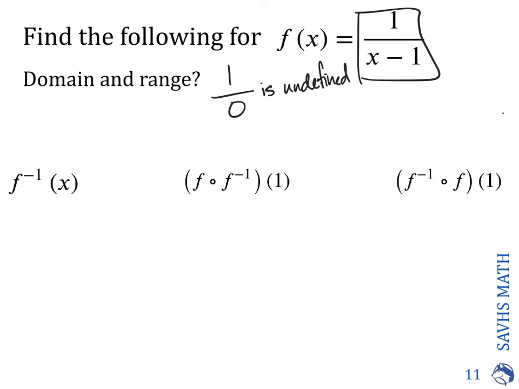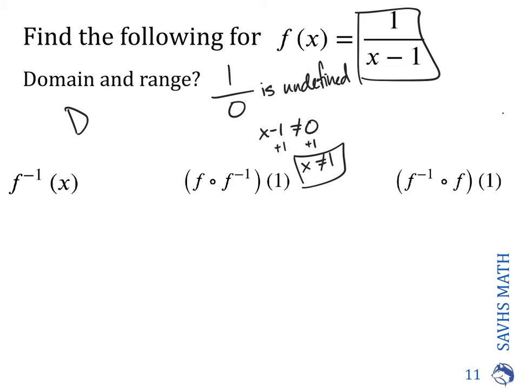And so anything I put in that makes the bottom of the fraction 0 makes the whole function undefined. So we have to say x minus 1 cannot be 0. Well, if you solve this, you can say x can't be 1.